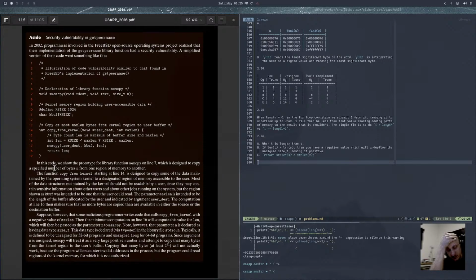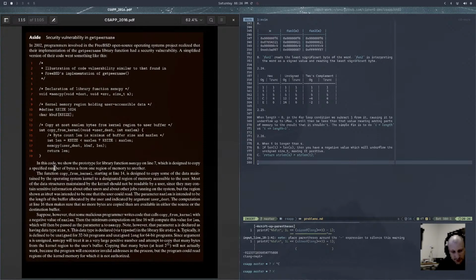Most of the data structures maintained by the kernel should not be readable by a user, since they may contain sensitive information about other users and about other jobs running on the system. But the region shown as kbuff was intended to be one that the user could read. The parameter max length is intended to be the length of the buffer allocated by the user and indicated by argument user destination.